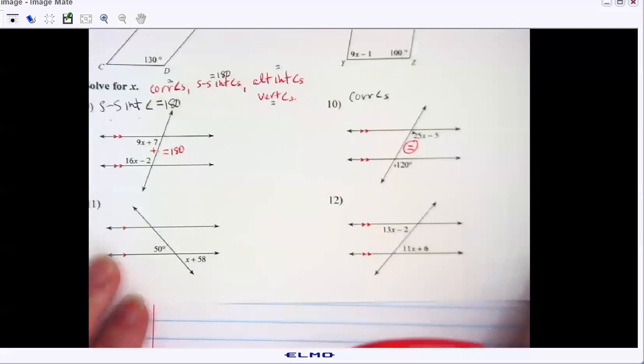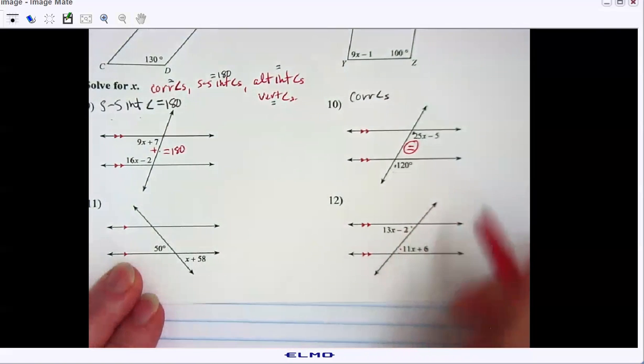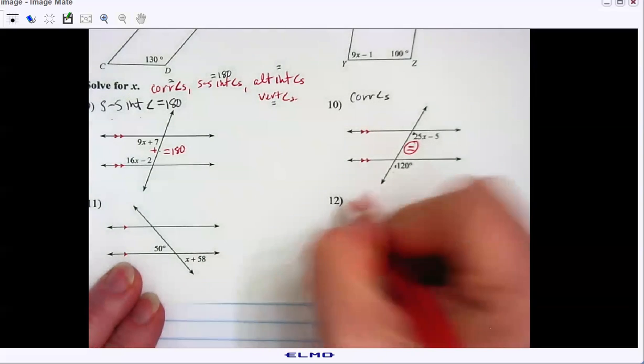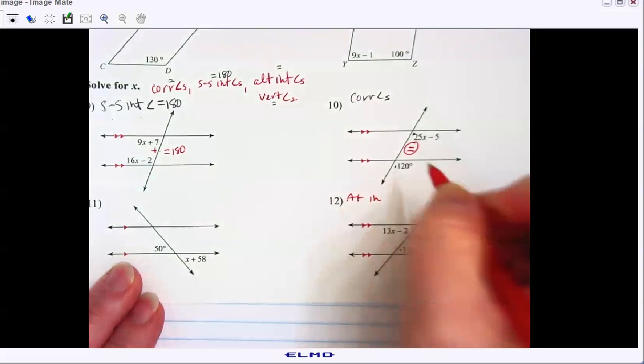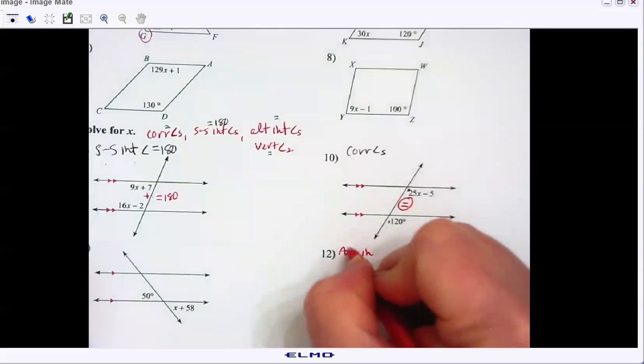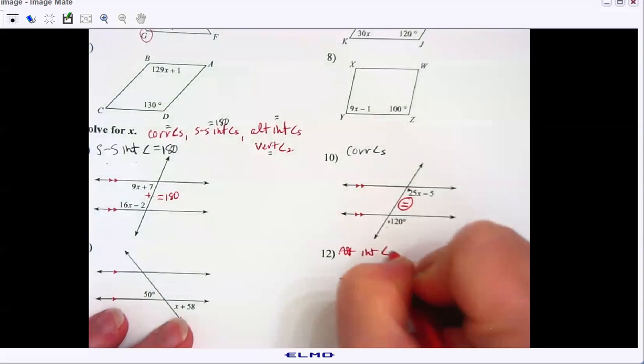Okay. Number 12, when it jumps over the transversal, that's an alternate interior because it's inside or in between the two parallel lines. This is your alternate interior. Right there. That was really sloppy. So alternate interior angle.